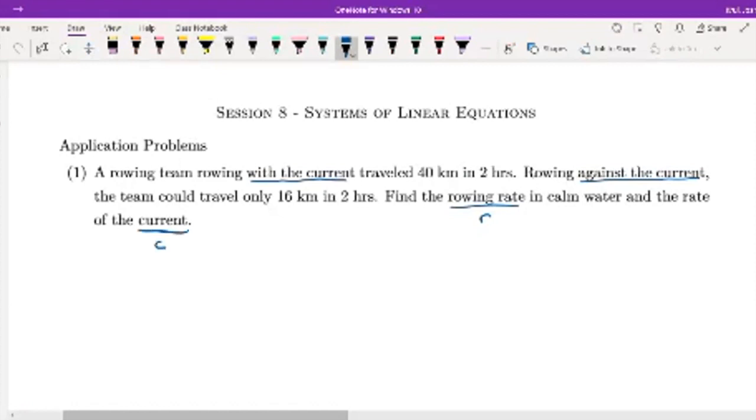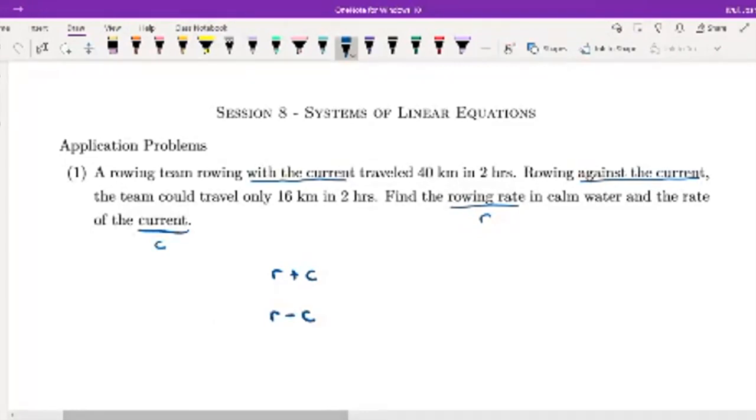So when you have a rowing team rowing with the current, that means that the current is helping, like pushing the boat faster. So when the current is helping, you can represent that as the rate that they can travel plus the current. So then that would mean when you're traveling against the current, that would be the rate minus the current.